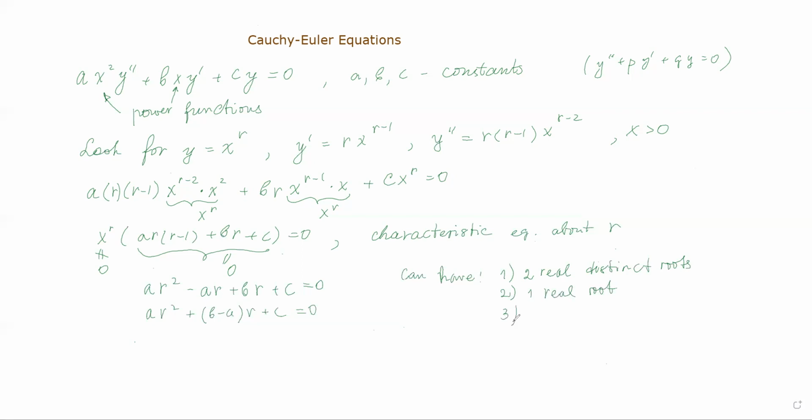Or we can have 2 complex conjugate roots, right? Well, in all 3 cases, everything is going to look slightly different. So I'm going to start with the simplest case, and let me move to the next page.